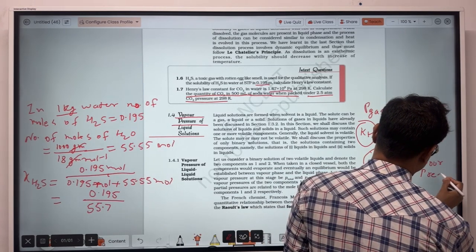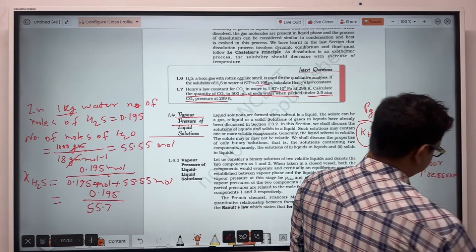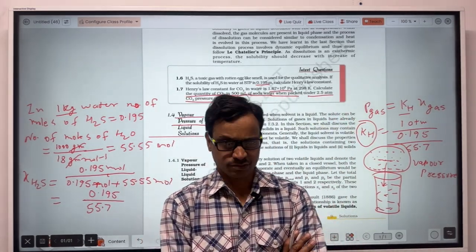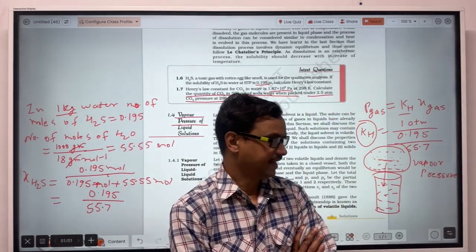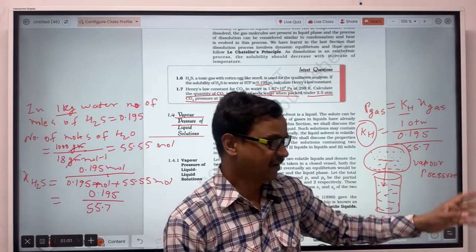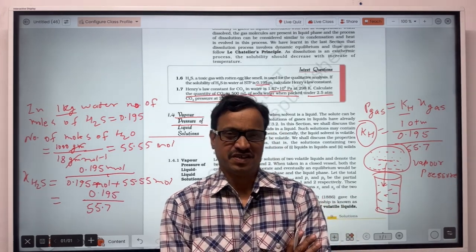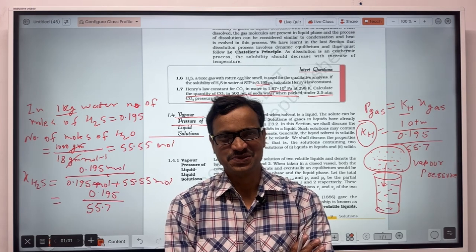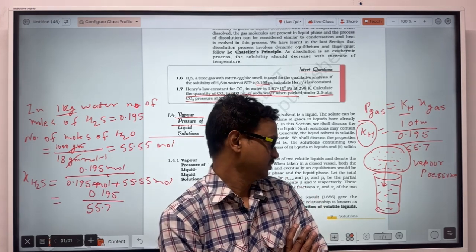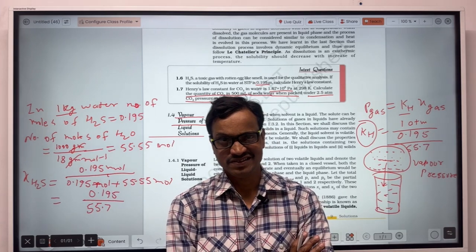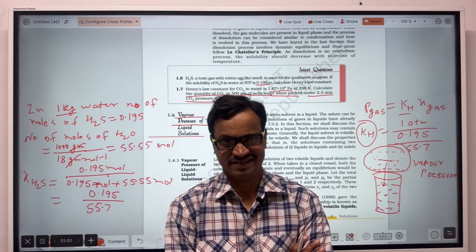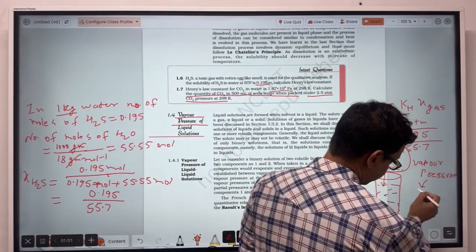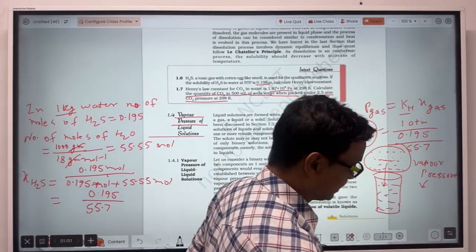So that pressure is called vapor pressure. In the 12th board examination, a question is asked to define vapor pressure. For IIT Main, Advanced, NEET or CUET also, you will have to know what vapor pressure is. So what is vapor pressure for the 12th board examination? Watch out very seriously.